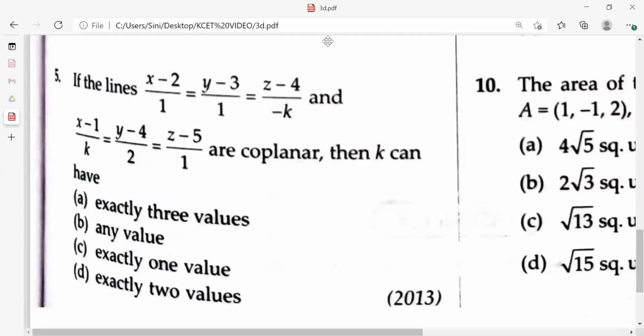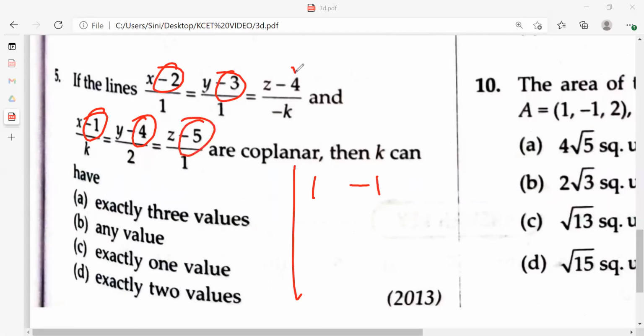It is x2 minus x1, in the sense minus 1 minus of minus 2, that is plus 1. y2 minus y1, so minus 4 minus of minus 3, minus 4 plus 3 is what? Minus 1.